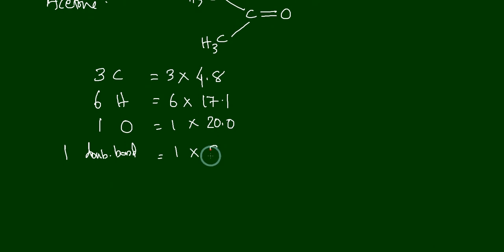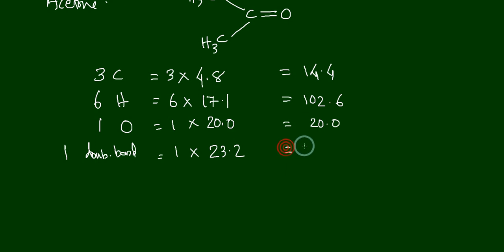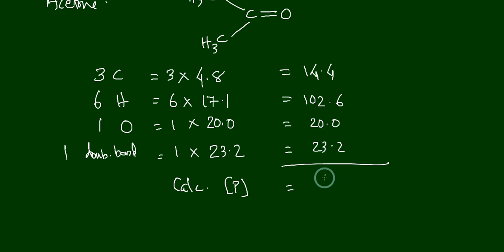So let us write 1 into 23.2, and now we can calculate all these. 3 into 4.8 is 14.4, and 6 into 17.1 is 102.6, and 1 into 20 is 20, and 1 into 23.2 is 23.2. If we take the sum of all these, we get the calculated value of the Parachor, which is 14.4 plus 102.6 plus 20.0 plus 23.2, and that is equal to 160.2. That is the calculated value of the Parachor.